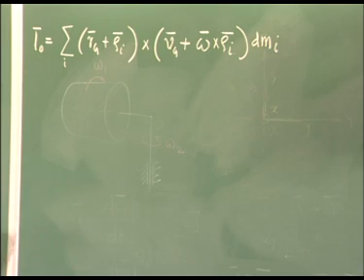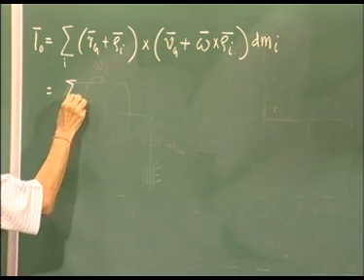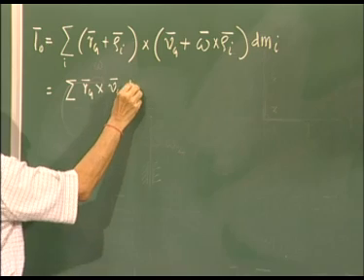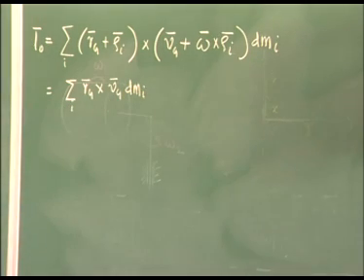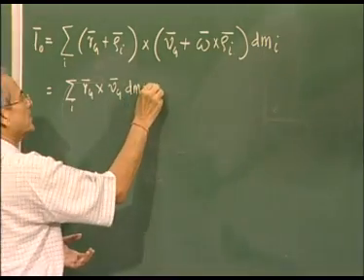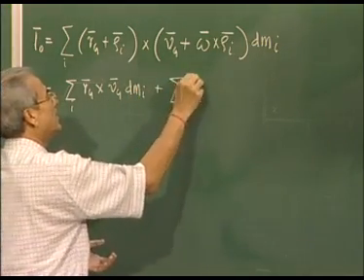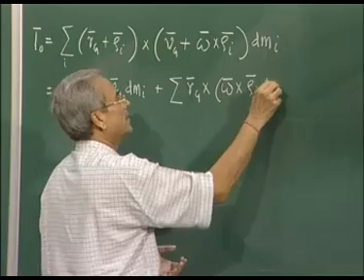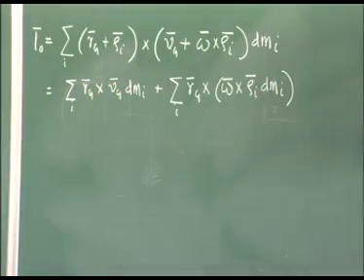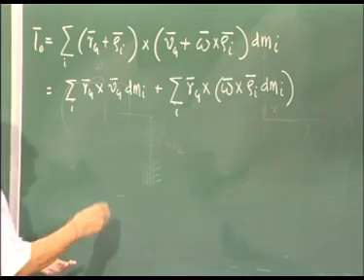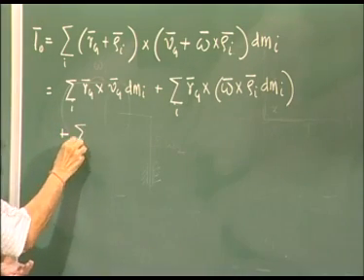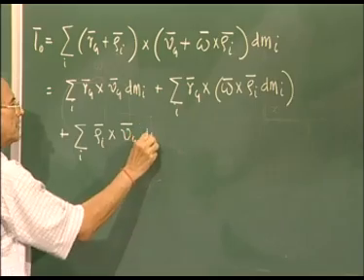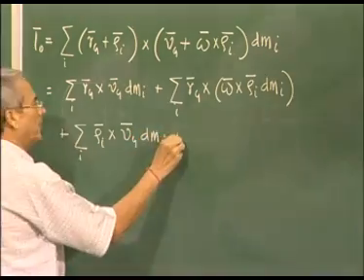Now, if we expand, you will get r_g cross V_g dm_i, plus r_g cross omega cross rho_i dm_i summed over i, plus rho_i cross V_g dm_i, and plus the fourth term.